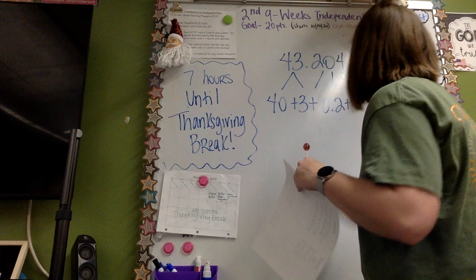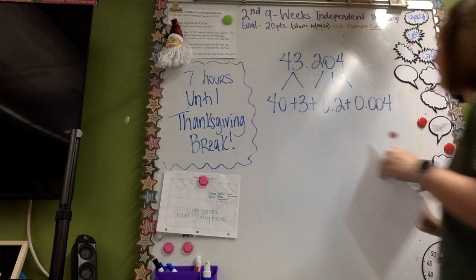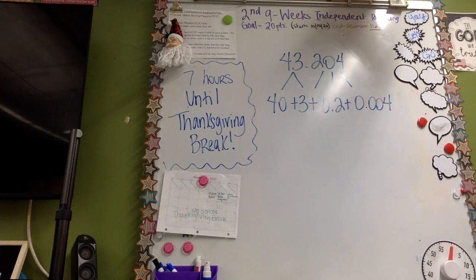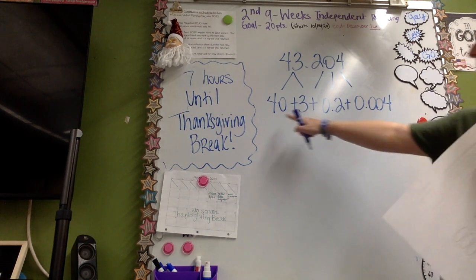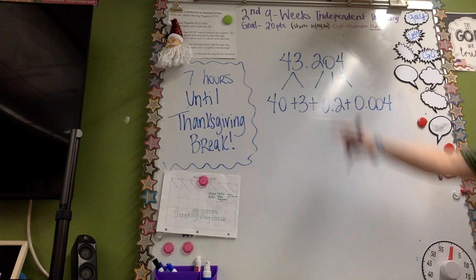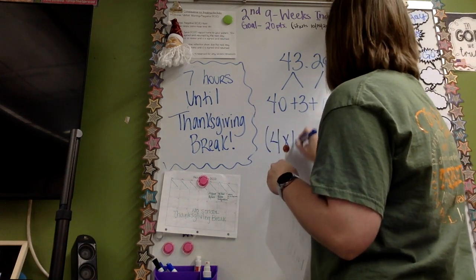So I go straight to 0.004. Do I have to put plus 0? No, because that doesn't do anything. So there is just the decimals. Now let's look at it with the fractions. So I have my 4 times 10.